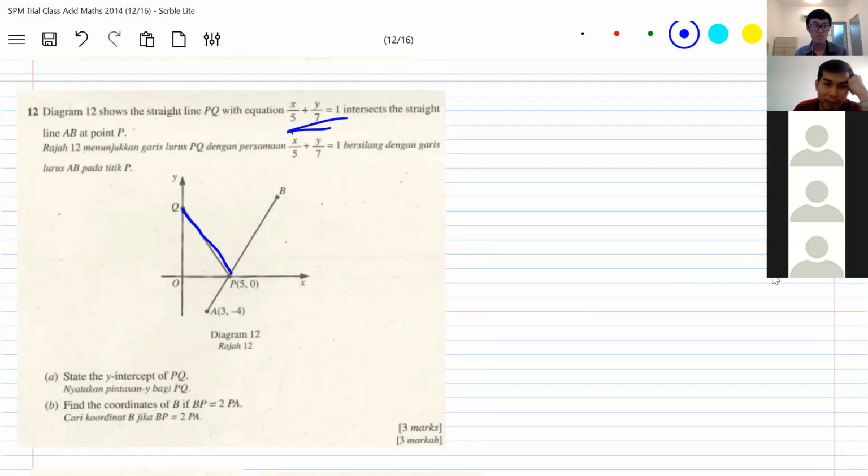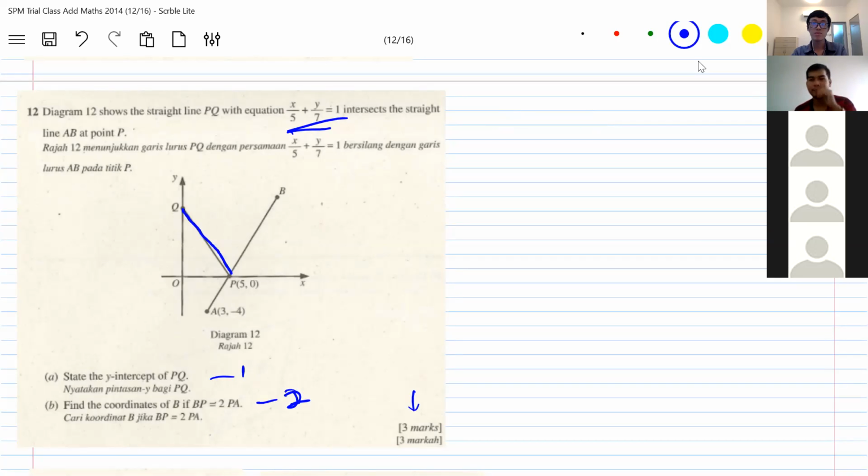Multiply by 7, multiply by 5, make it into y equals mx plus c, then get c, correct? But no, we looked at the marking scheme again. How many marks was allocated for this? Only 3 marks. That should be 1 mark here, 2 marks here. So a 1 mark question shouldn't be as hard as opening it and y equals mx plus c and then finding c. Sometimes it might.